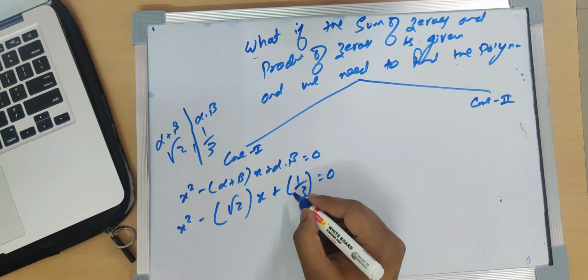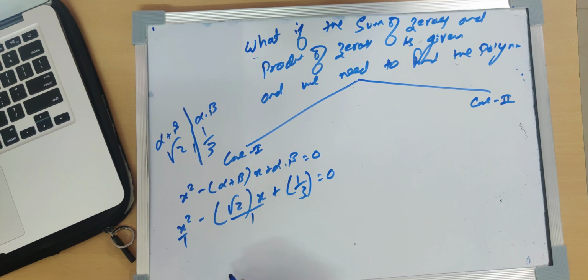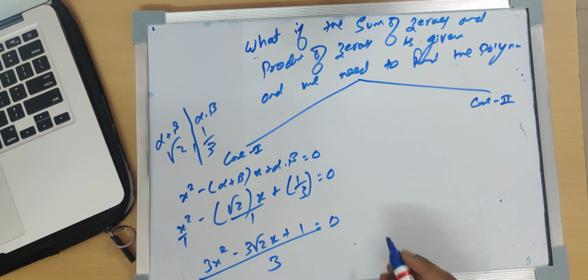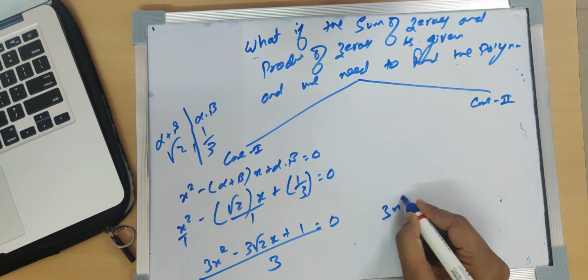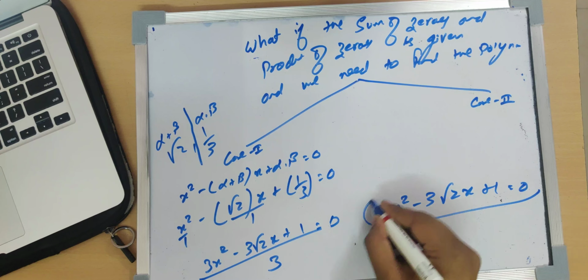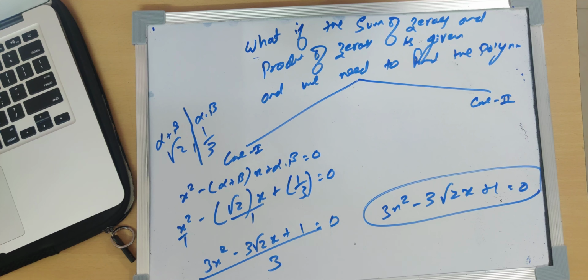Now we cannot leave it here, so we take the LCM. So 3 will be your LCM. 3x square minus 3 root 2 x plus 1 is equal to 0. Now this 3 will go to the 0 and will become 0. So the final equation will be 3x square minus 3 root 2 x plus 1 is equal to 0. This is your case 1. You can note this down so that you can continue with case 2.